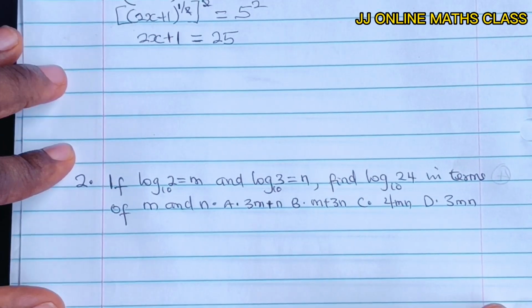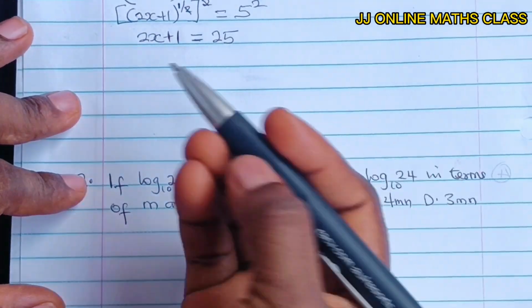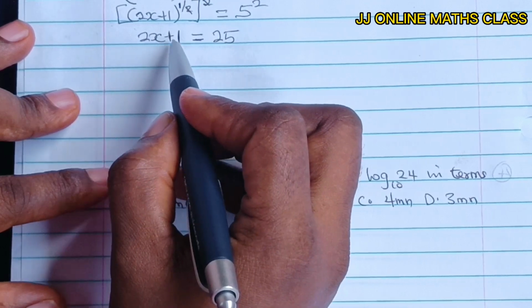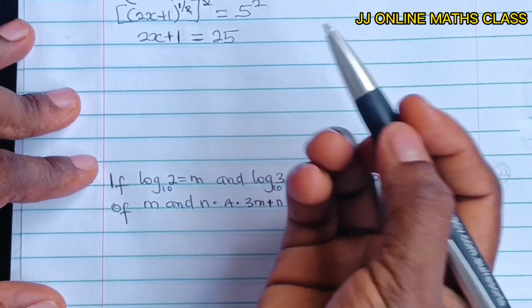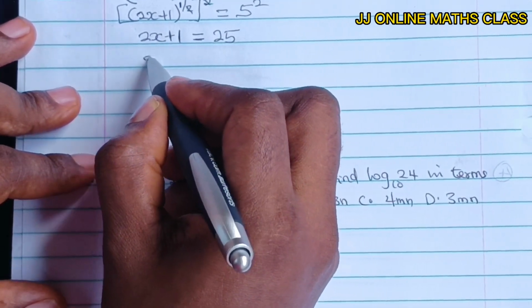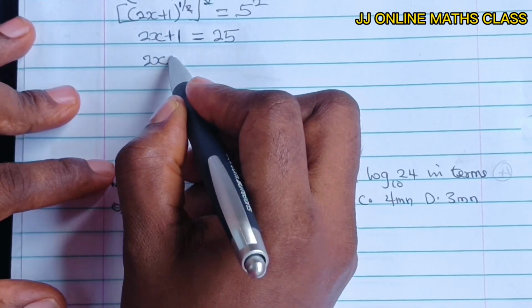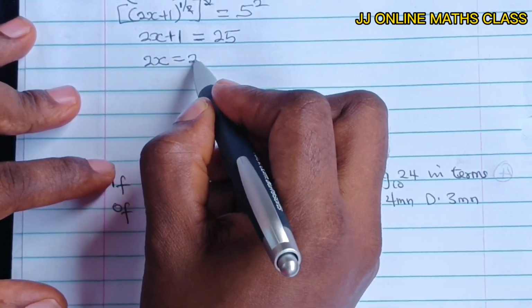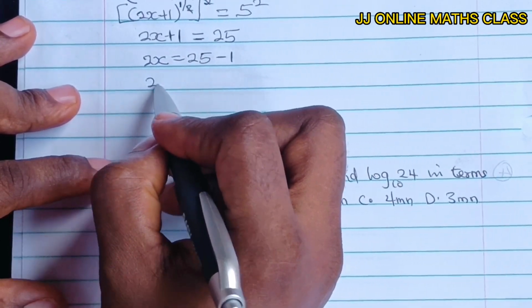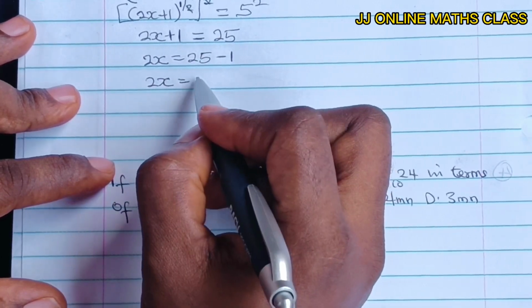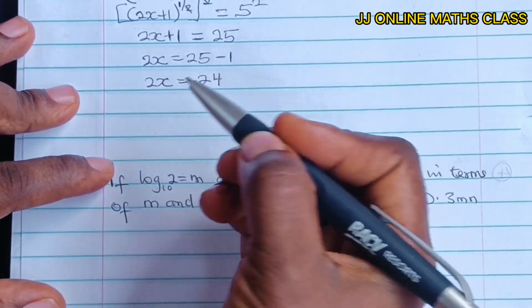Okay. Now, we subtract 1 from both sides of this equation. And when we do that, we have that 2x is equal to 25 minus 1. So 2x is equal to 24.